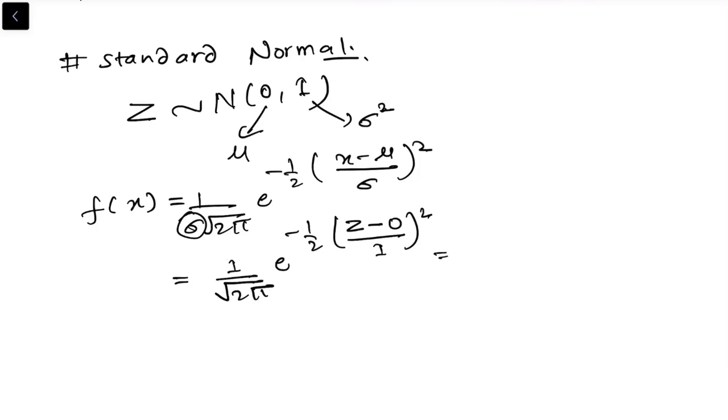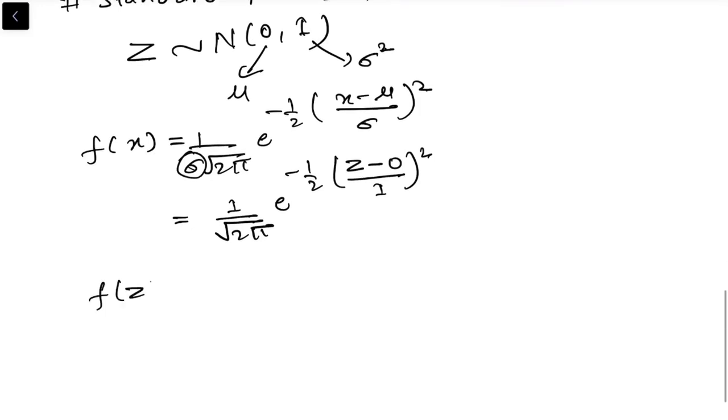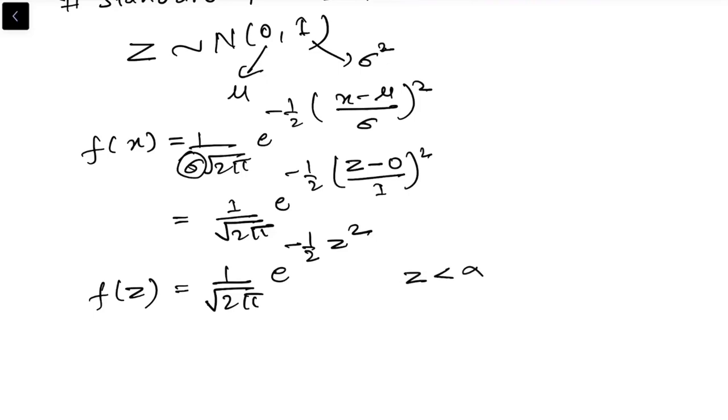So we can say the PDF of standard normal is 1 over square root 2 pi e to the power minus half z square. Okay, and the range of z is less than infinity but greater than minus infinity. Okay, so this is the PDF of standard normal.